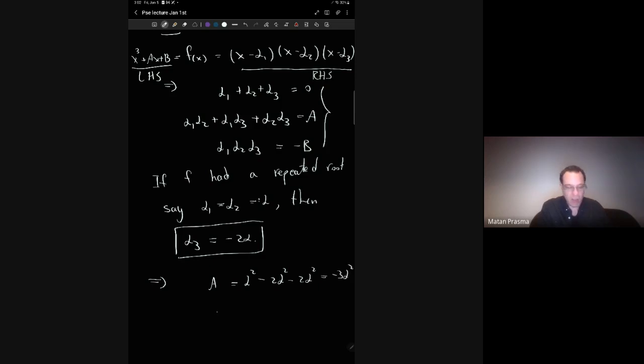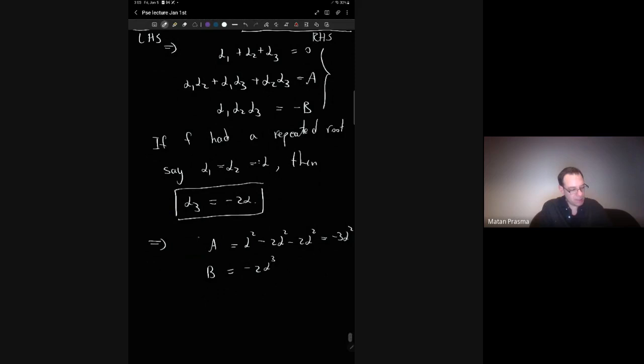And I also get that B is equal to minus 2 alpha cubed. Okay, so that's my system now.